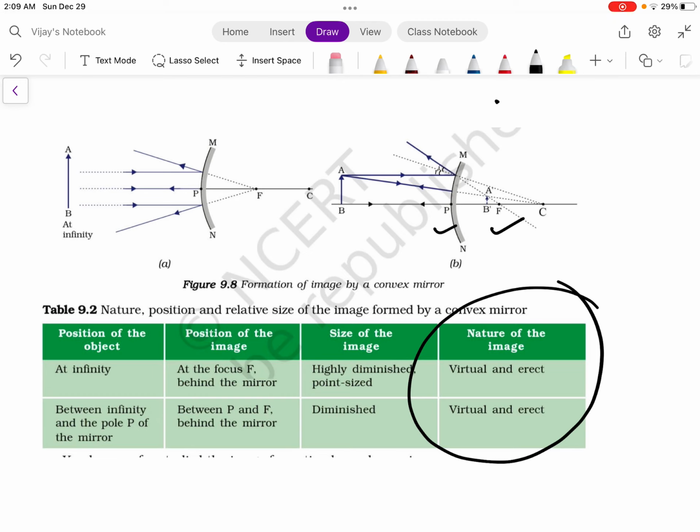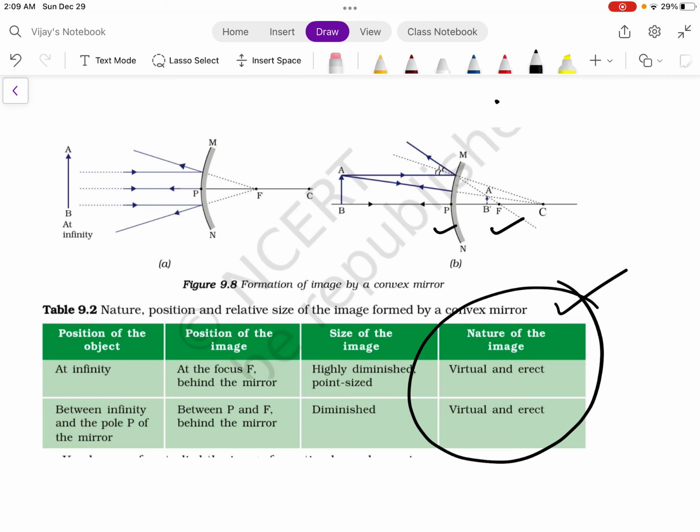But there is one advantage of this mirror. See here, the first advantage is it is always forming a virtual and direct image. The second advantage is that a convex mirror will give a wider field of view. Generally in our vehicles, the mirror which we use to see the traffic is basically a convex mirror.